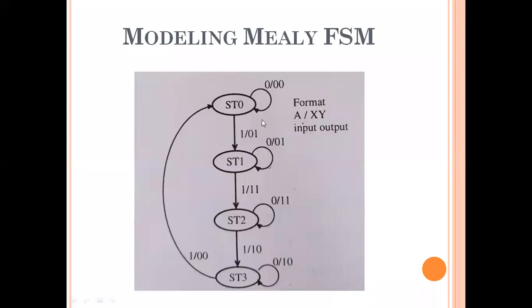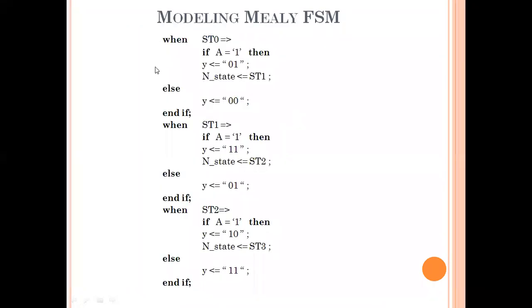So with the input a, the output is 01 and the present state is assigned the next state, that is state 1. Here you can understand if a is equal to 1 on the state 0.